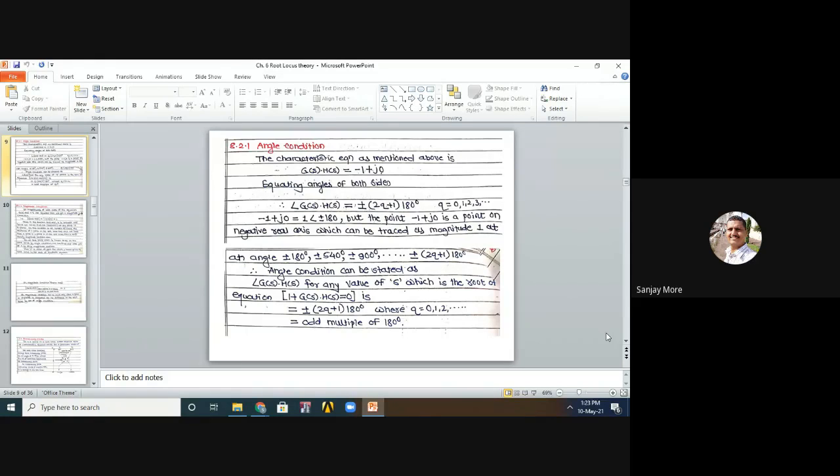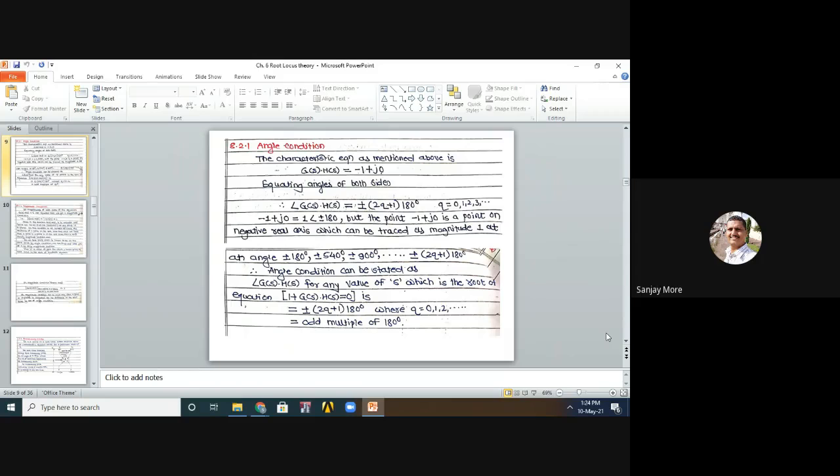Here, the angle condition. The characteristic equation is G(s)H(s) equal to minus 1 plus j0. Equating the angle on both sides, angle of G(s)H(s) is equal to plus or minus (2q plus 1) into 180 degrees, where q is 0, 1, 2, 3, 4, up to infinity.